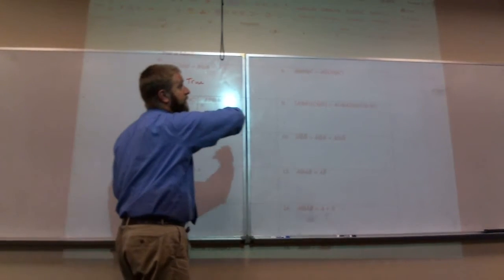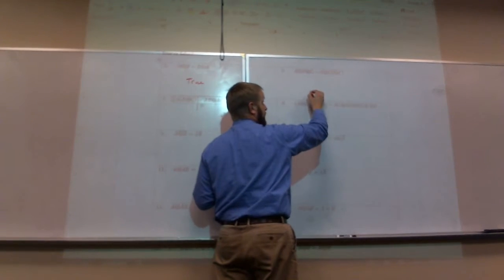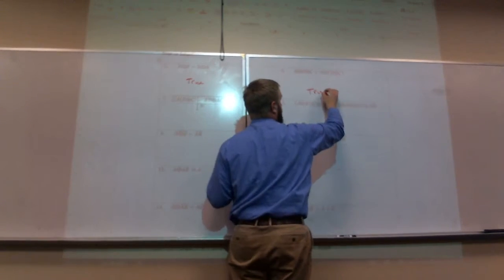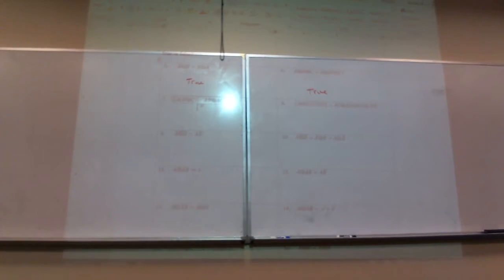Exclusive OR is commutative. This is the associative rule. Is exclusive OR associative? Yes, true. Can we do 7? Is it distributive? It looks like it's true.